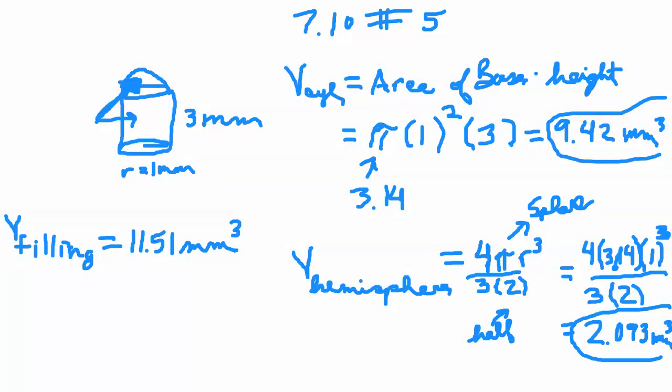The last step is we have to find the cost of the filling, which is $92 per cubic millimeter. So we have to take this, 11.51, times $92.